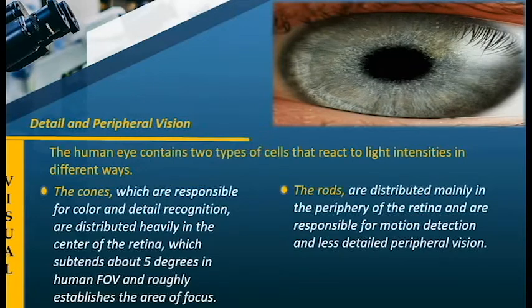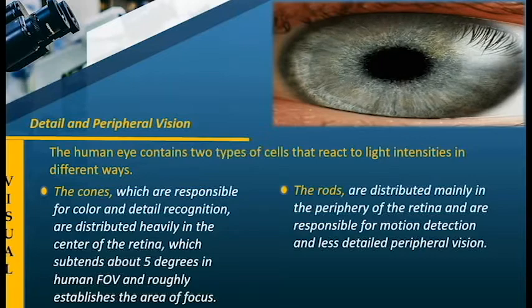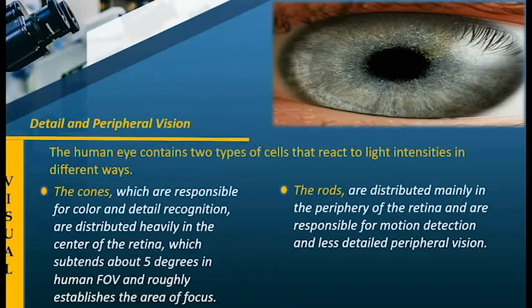So we have the cones, which are responsible for the colors we see and detail recognition, while the rods are for motion detection. So these are the detail and peripheral vision.